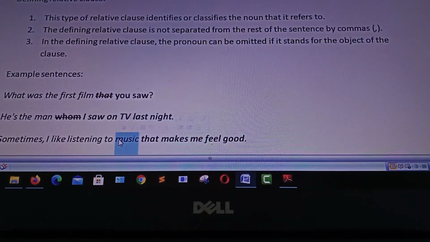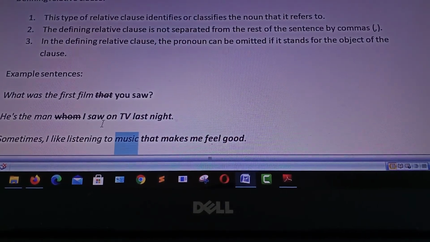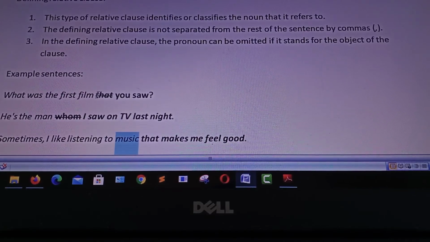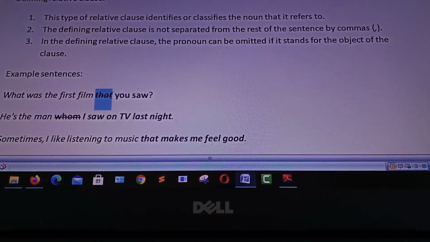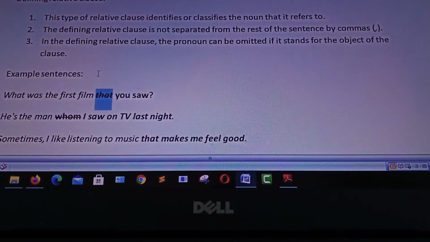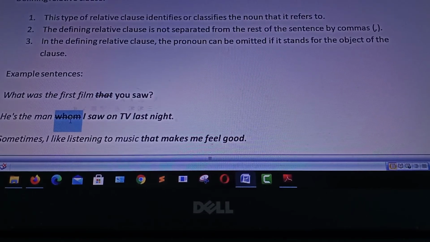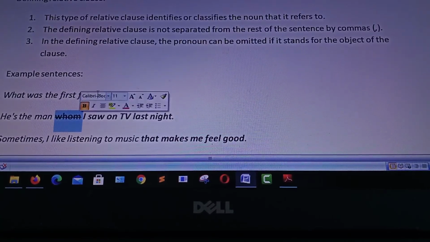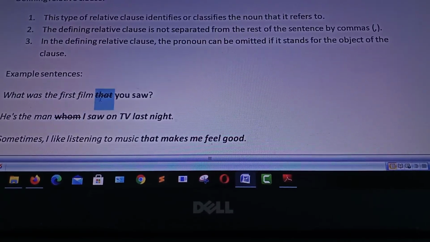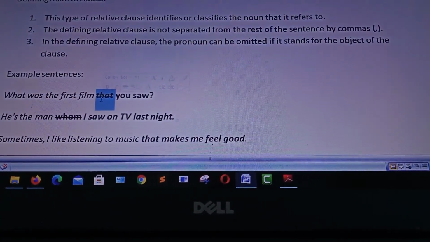And in the case of defining relative clauses, we can remove the relative pronoun when it is used as object. Here this one is object, and here this one is object, but here this one is subject, so we cannot remove it here, but here we can remove it, and here as well. So it is all about the defining relative clause.